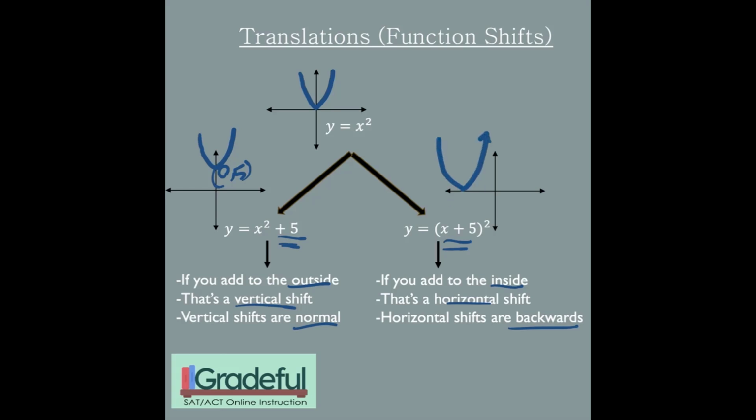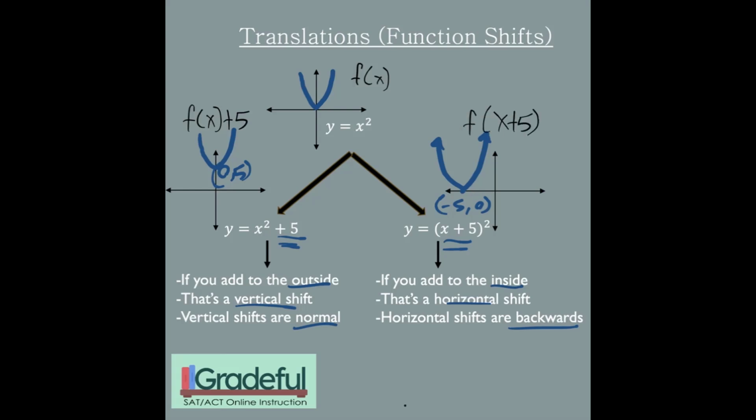So this is left 5, and the vertex here would have been -5, 0. Now, as far as this relates to f of x statements, if this is our regular f of x right here, then this would be f of x plus 5, and this is f of x plus 5.